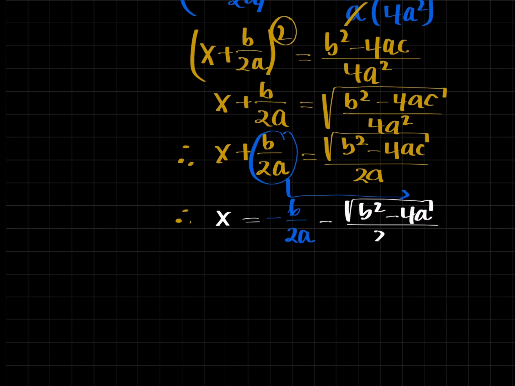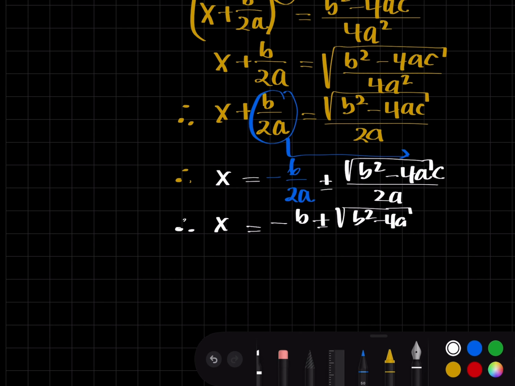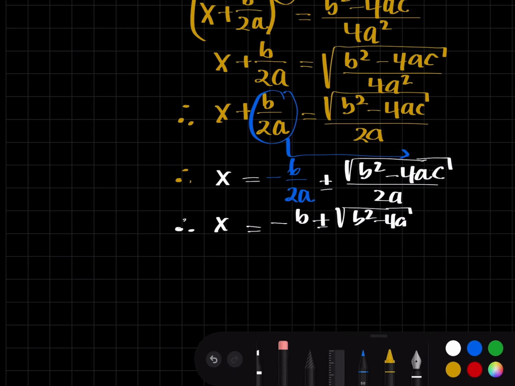As you can see, they have the same denominator, so we can simplify by writing x equals negative b, and don't forget this turns into plus or minus because that's the radical, the square root of b squared minus 4ac, over 2a.